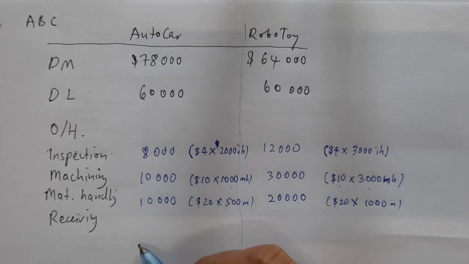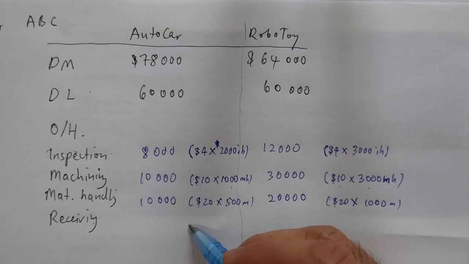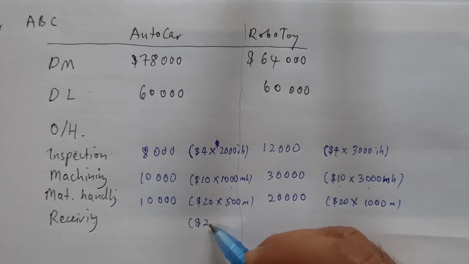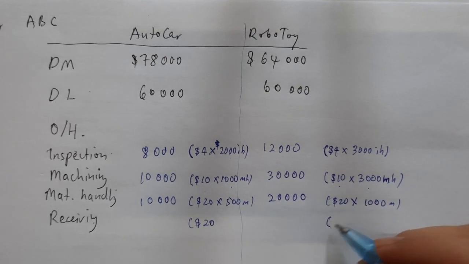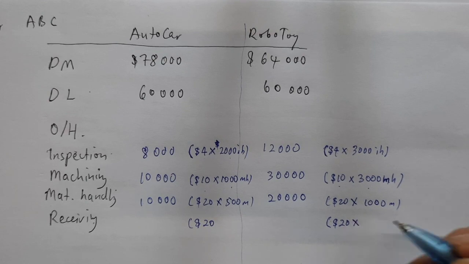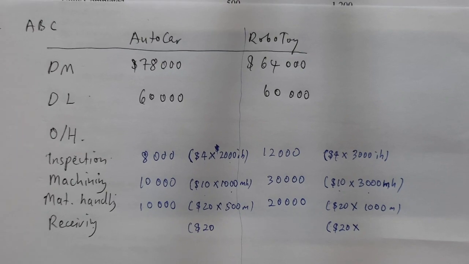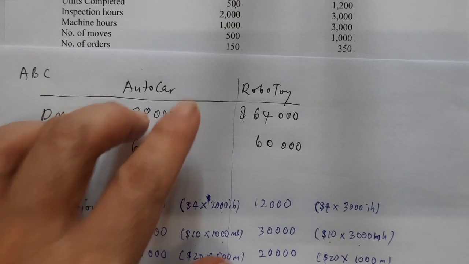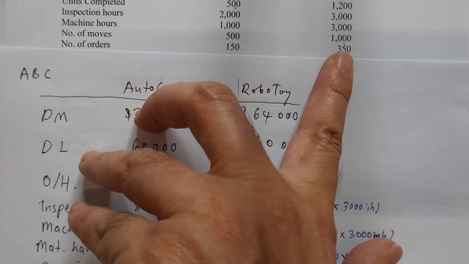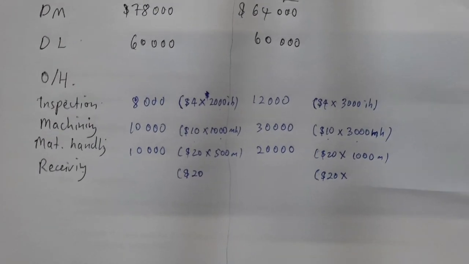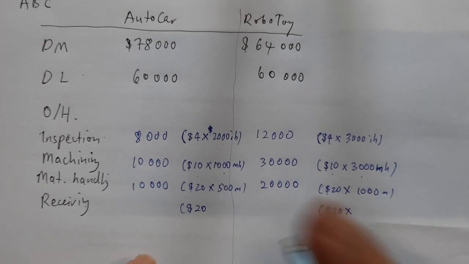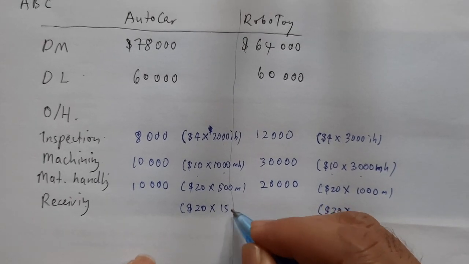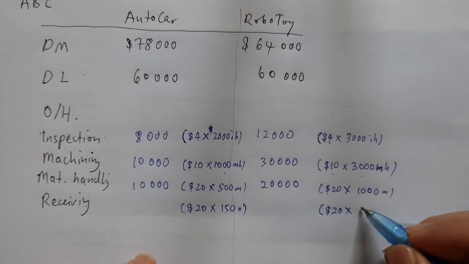Receiving activity, the activity rate is $20 also. $20 per order. For one order activity, $20 overhead. And the total activity here, number of orders, 150 and 350.